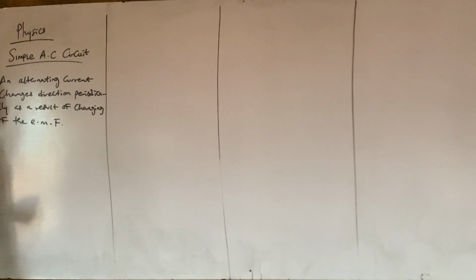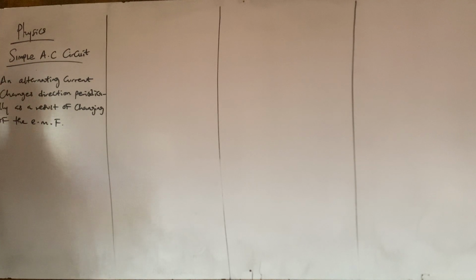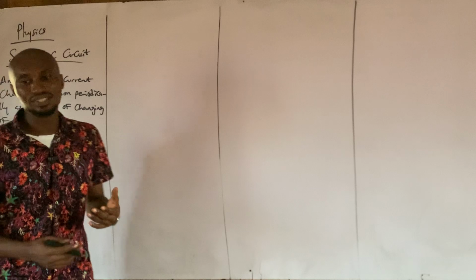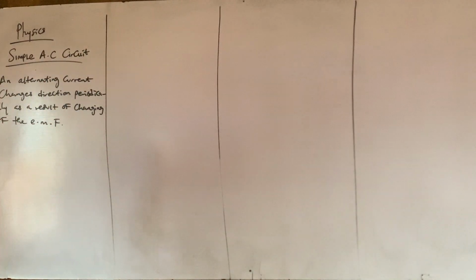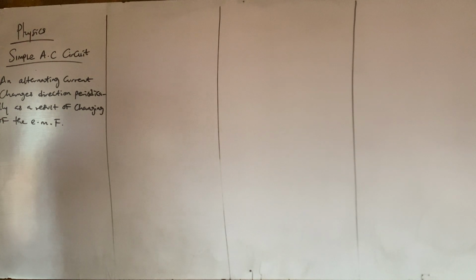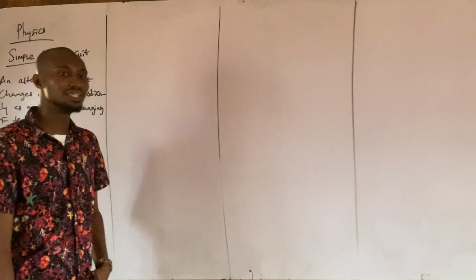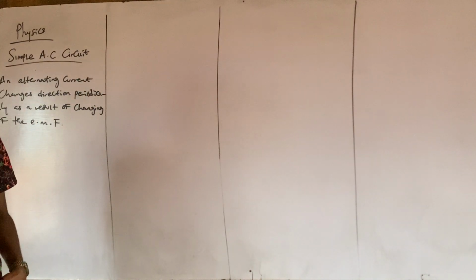Now, these changes are what we can actually call a simple AC circuit. The circuit in which alternating current flows is called what? Simple AC circuit. Are you there?